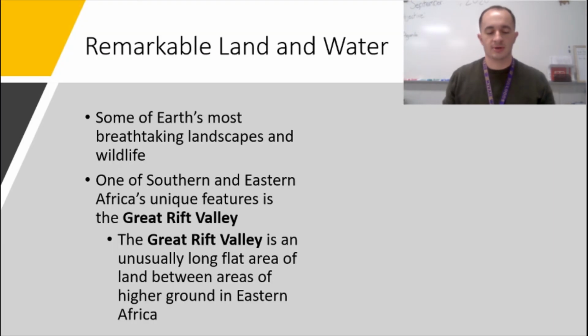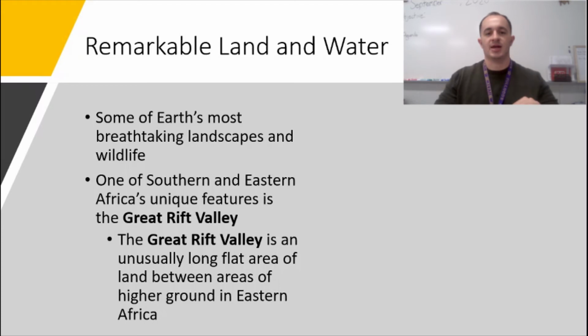So Africa, or at least southern and eastern Africa, is home to some of Earth's most breathtaking landscapes and wildlife. One of southern and eastern Africa's unique features is the Great Rift Valley. The Great Rift Valley is a long, unusually flat area of land between areas of higher ground in eastern Africa.